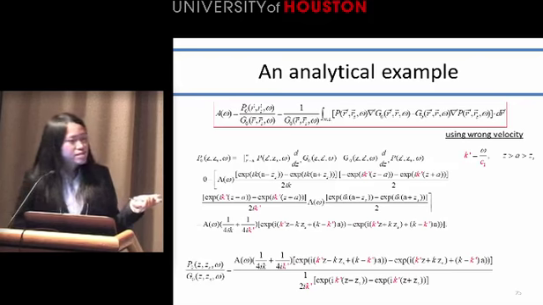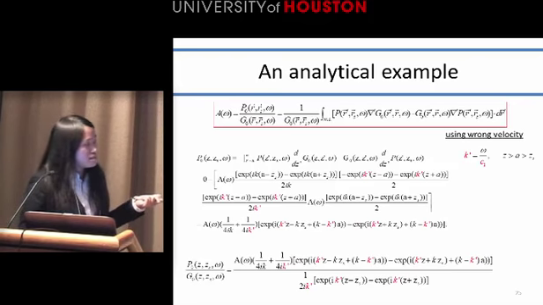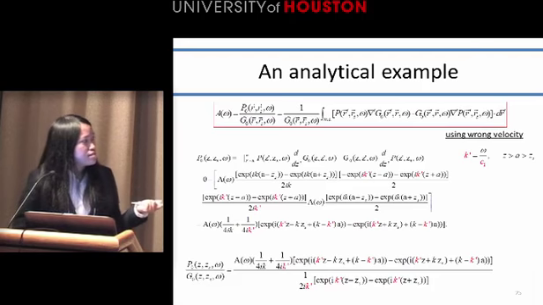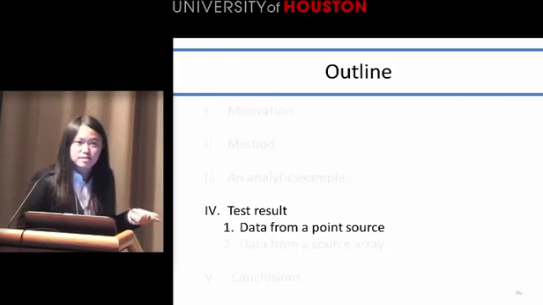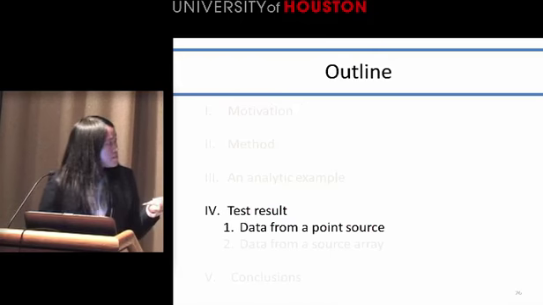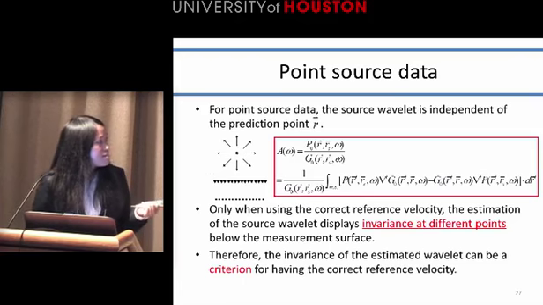This is the prediction of the wavelet. Now, if you don't have the correct reference velocity, the result is a function of the prediction point z. This means we do not have the invariance anymore if we have a wrong reference velocity. And we will show this from the synthetic test.